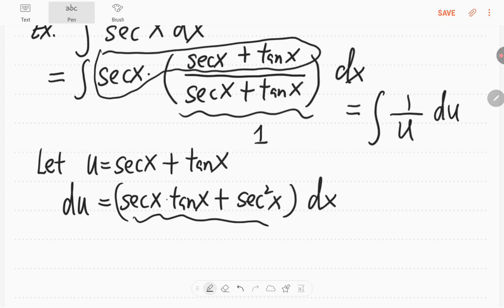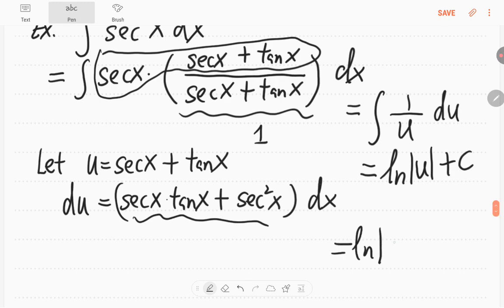You can see it's very easy. It becomes a very simple integration. It would be the natural log of the absolute value of u plus a constant. So this is the natural log of the absolute value of secant x plus tangent x, plus a constant.